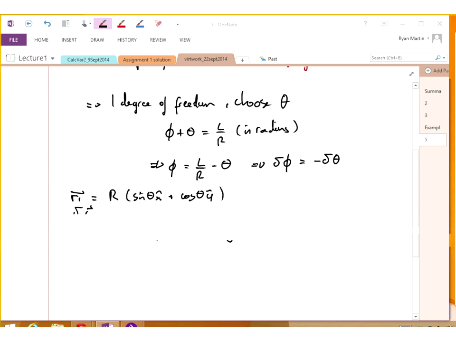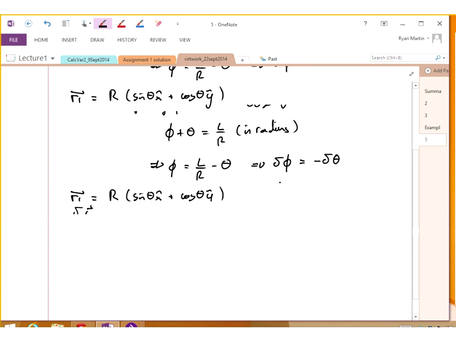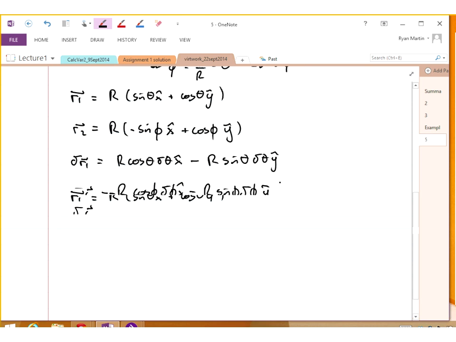And delta R2 is going to be minus R cos phi delta phi x hat minus R sine phi delta phi y hat.